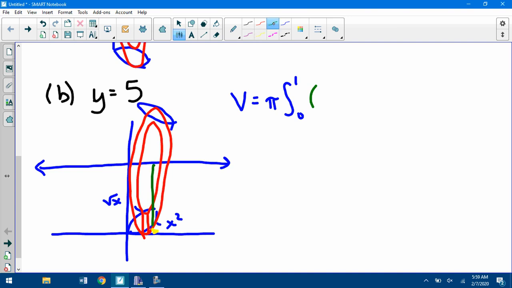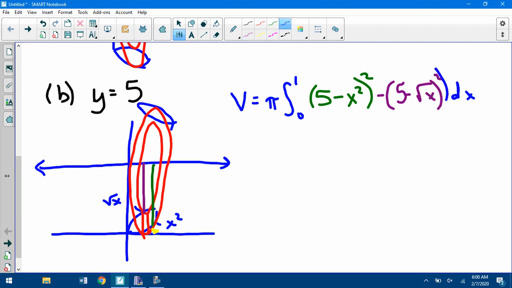So really, I'd have to do the whole 5 distance minus the x squared part, and I want to square that. And the inner one is coming to here. A similar idea there, we're going to subtract 5 minus radical x, squared. And don't forget your dx on the end.